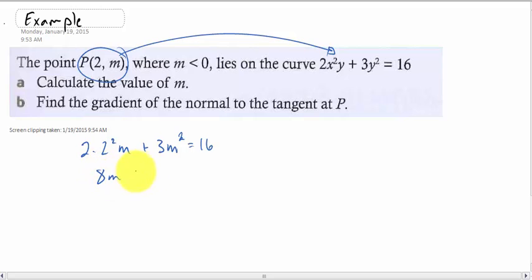So we have 8m, 3m squared equals 16. This is a quadratic, which is actually a factorable quadratic.